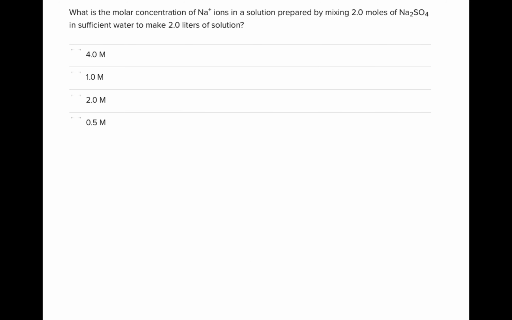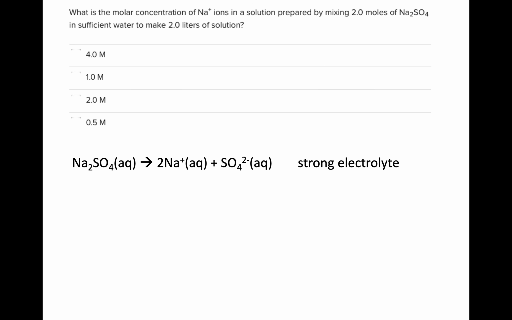Here's a typical question on this topic. Pause the video, give this one a try. What is the molar concentration of the sodium ions in that solution? I would begin by asking, how does it dissociate? It's a strong electrolyte, and this would be a description for how it dissociates.